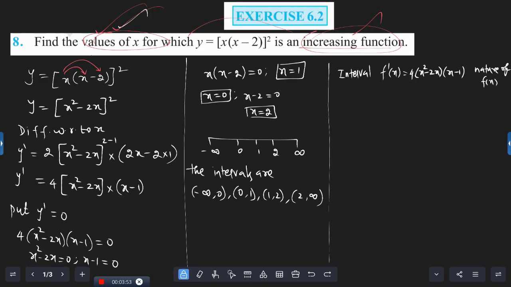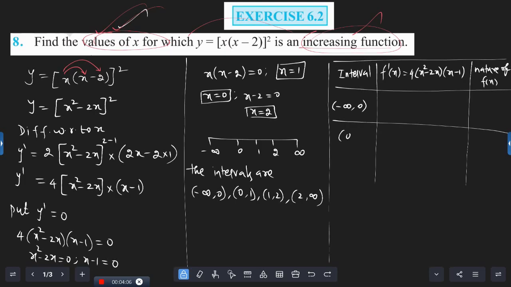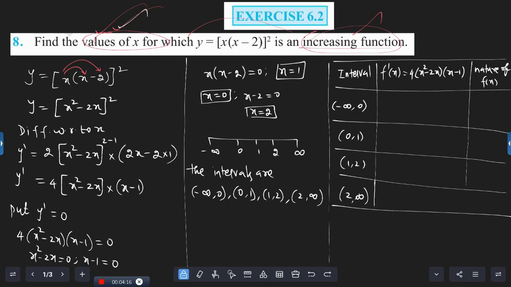Okay, that's it. First interval: minus infinity comma 0, next 0 comma 1, next 1 comma 2, next 2 comma infinity.